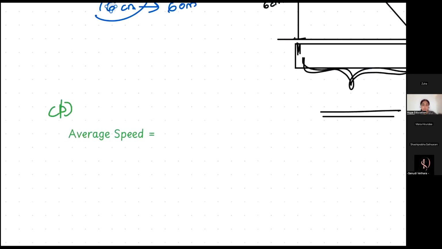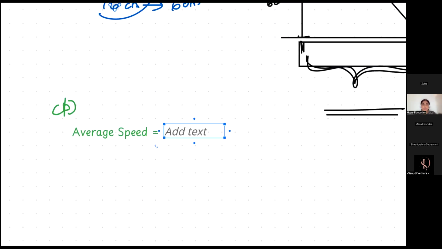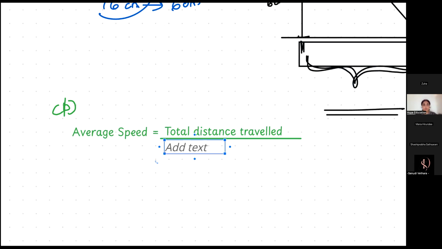And what we do is, average speed කියලා අපි total distance traveled අරගෙන we divide this by the total time taken.